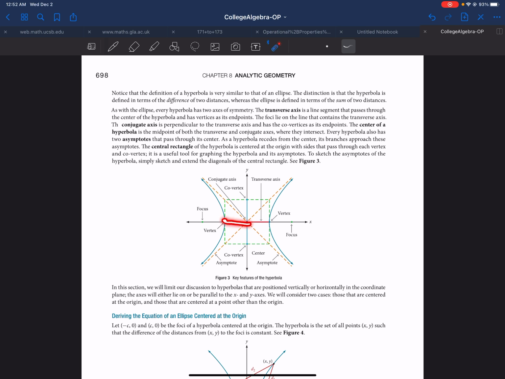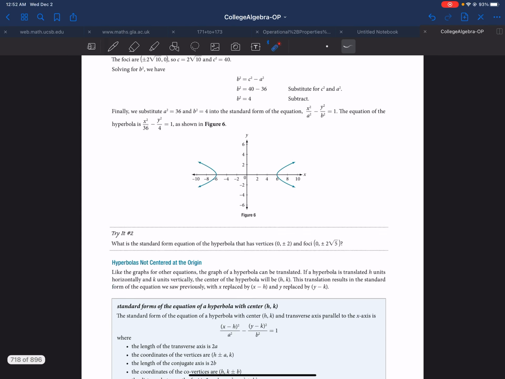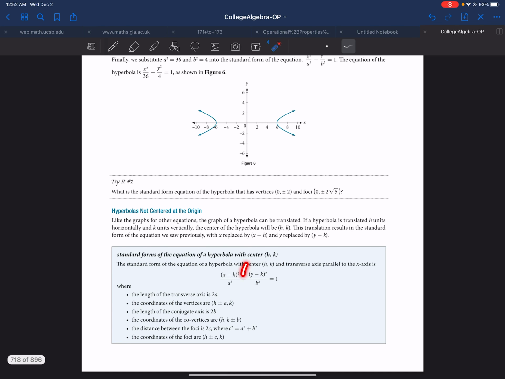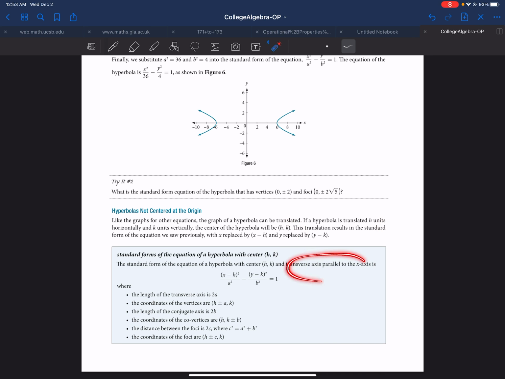And so it's the one that the actual vertices are going to be on. And so in this case, over here, the y gets the negative, which means it's going to open in that fashion with the bottleneck in the y direction. And that means that would be a vertex and that would be a vertex. So that transverse axis is parallel to the x-axis.